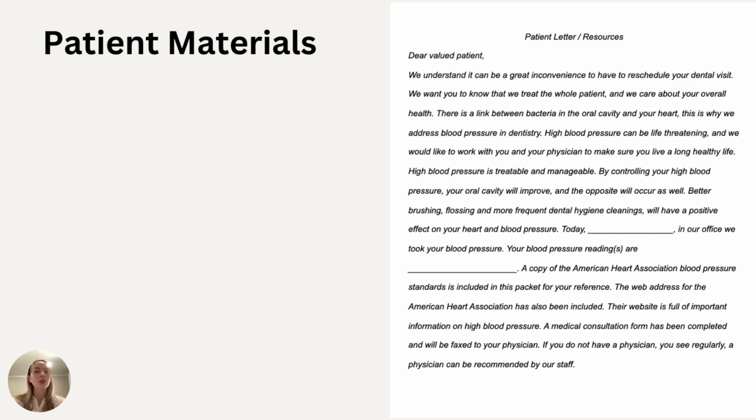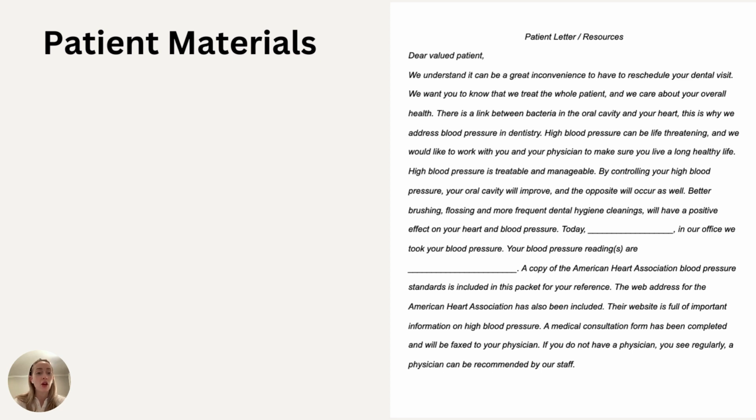These are the forms. These are the materials that, when utilized properly in a dental office, will help providers to help patients, and to not forget about the patient's overall health, and to not treat the patient just as the oral cavity, but instead treat the patient as a whole.